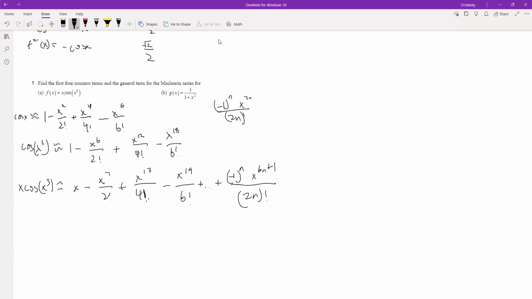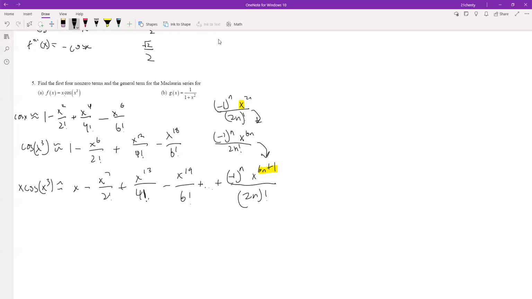And so when we introduce the x cubed, we can also just plug in the x cubed right here, which means x cubed to the 2n is just x to the 6n. So that becomes this, right? And then once we multiply this by x, it's just adding the plus 1 right here, because that's the exponent rule, and that's how we can look at the general term and solve for that.